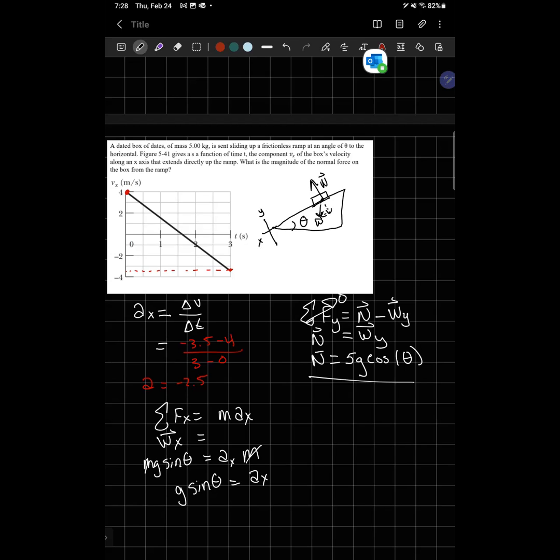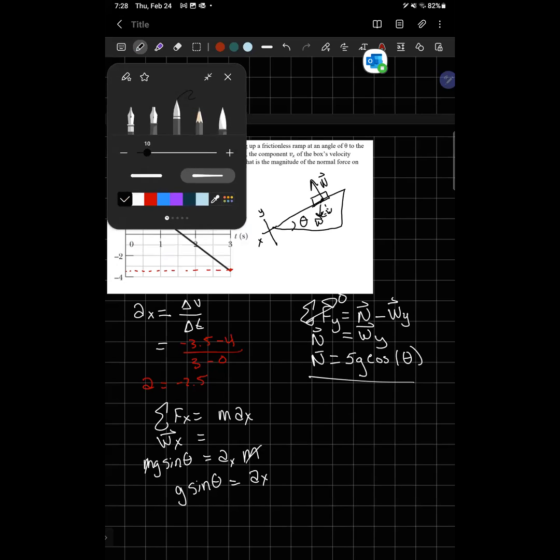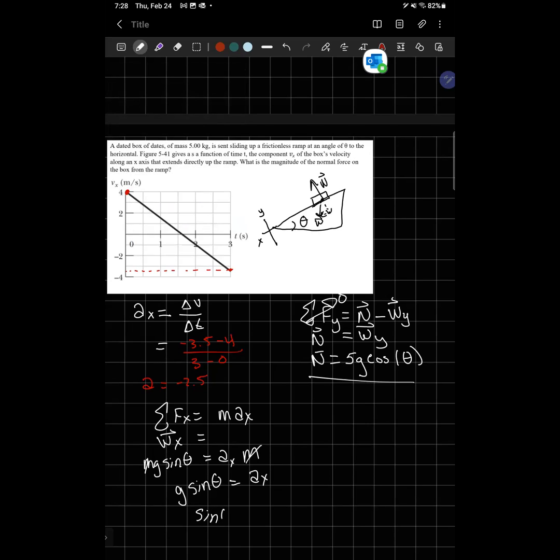So going down the ramp is positive. And I'm going to make sine of theta equal to ax over g.